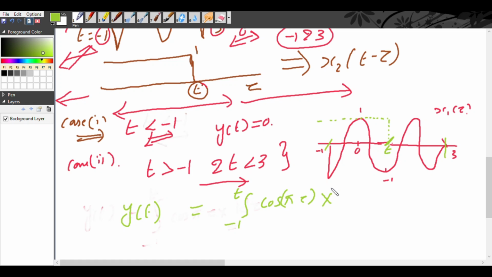So it is equal to 1 into d tau. So this is nothing but the integration of cos pi tau, taking the integration as well as applying the limits. Okay, final result I am writing, but in your notebook you have to write correctly. Sin pi t by pi after applying the limits. So this is nothing but y of t.